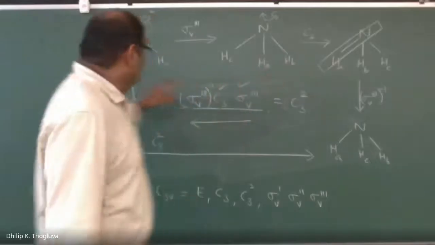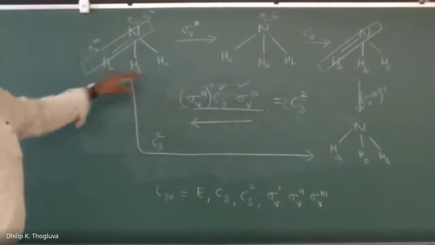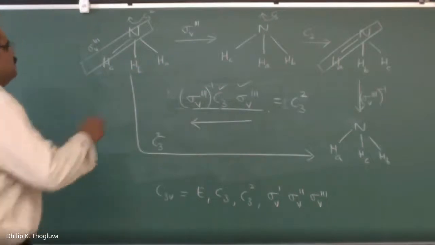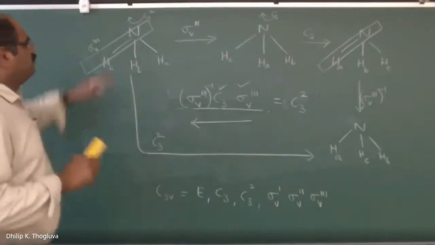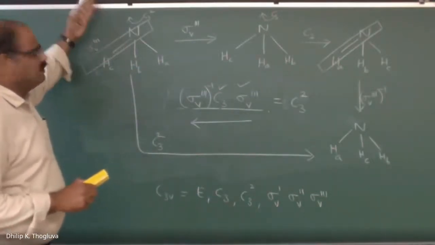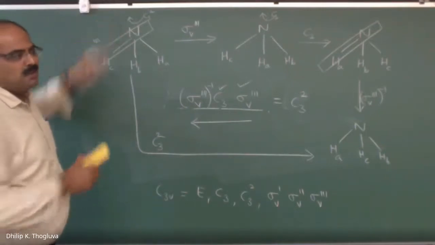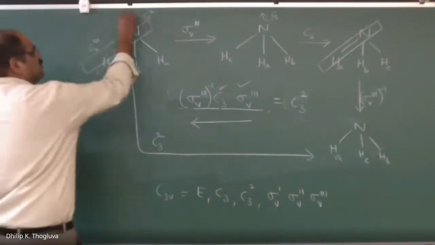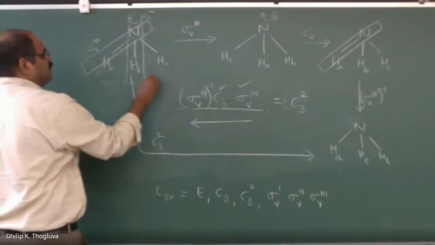Sir, yes. So first we perform the sigma v from the H_C hydrogen and then last from the H_A. Okay, so this is labeling. H_A, B, C is a labeling. So our assumption is this plane is sigma v triple prime. Okay, and this one is sigma v double prime.